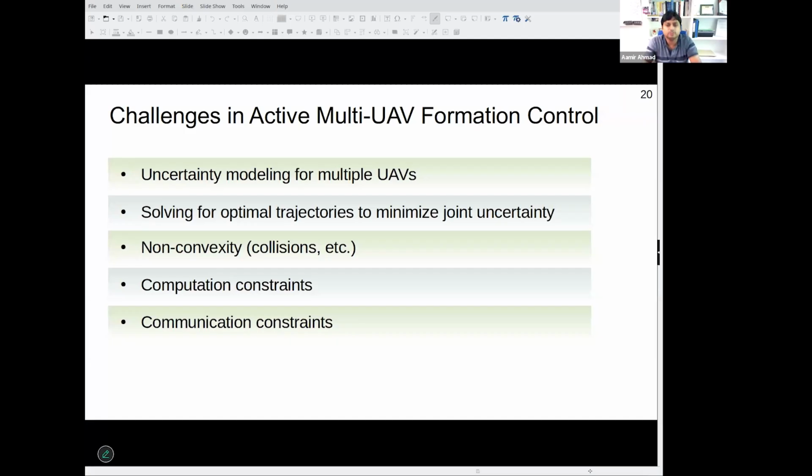And then we will use this mathematical model to solve for UAV trajectories. And when we do that, we will encounter things like non-convexities and non-linearities that we need to handle. So this is another challenge. And then, all this needs to be done within the same computation and communication constraints. So these are the challenges that the method is going to handle.